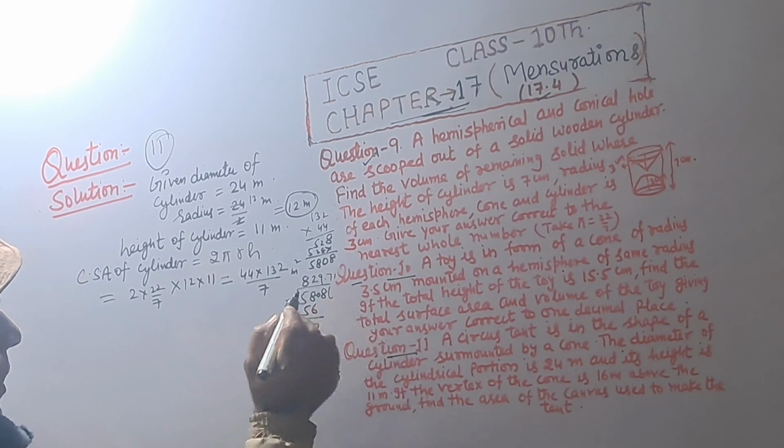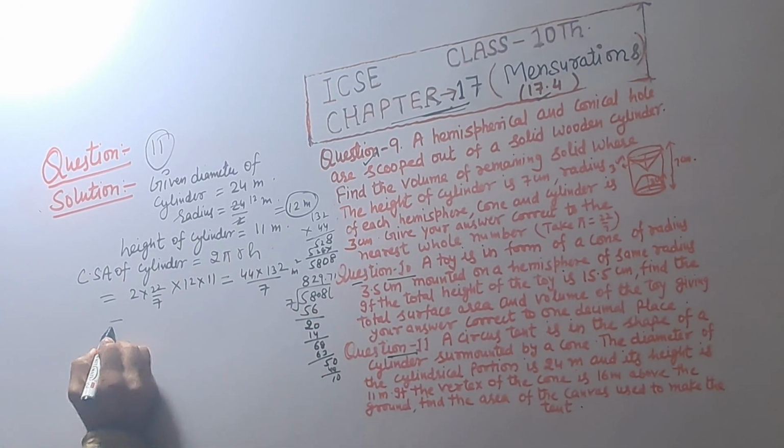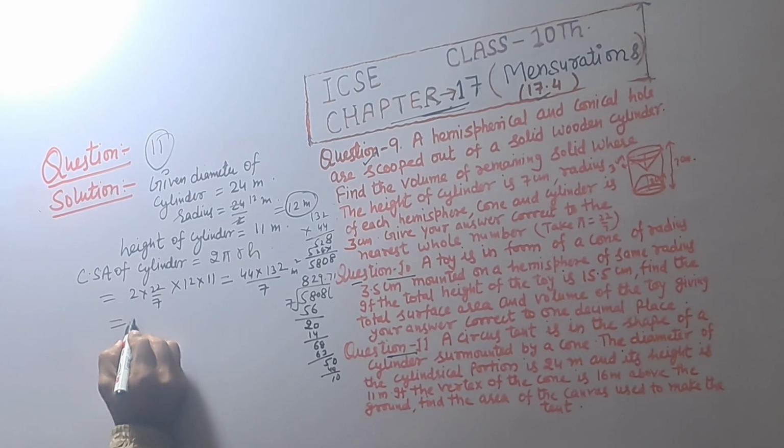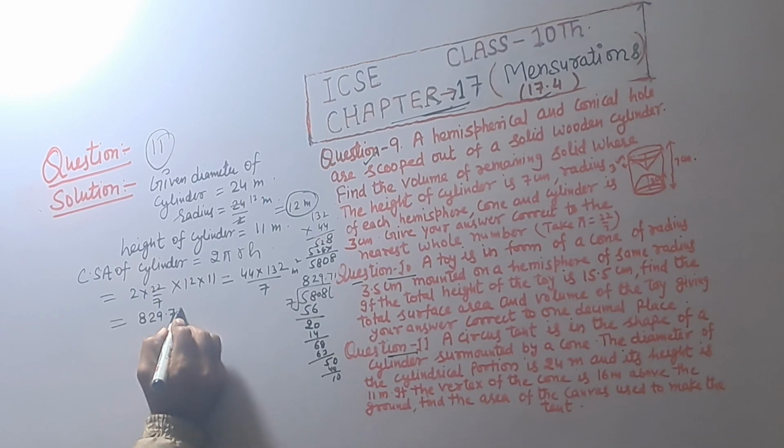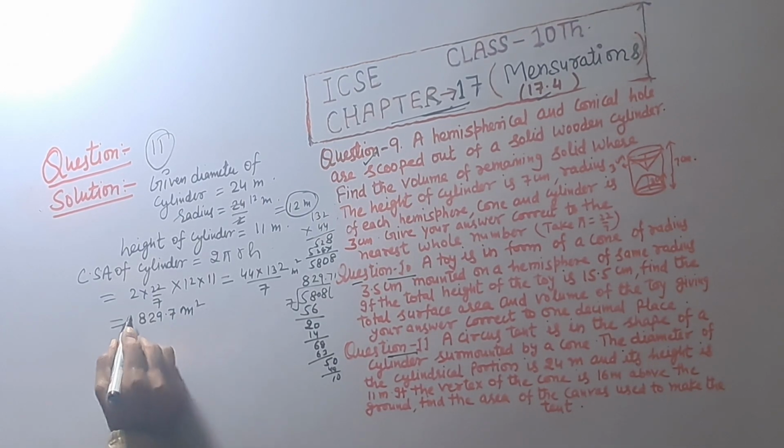Curved surface area of cylinder is equal to 829.7 meter square.